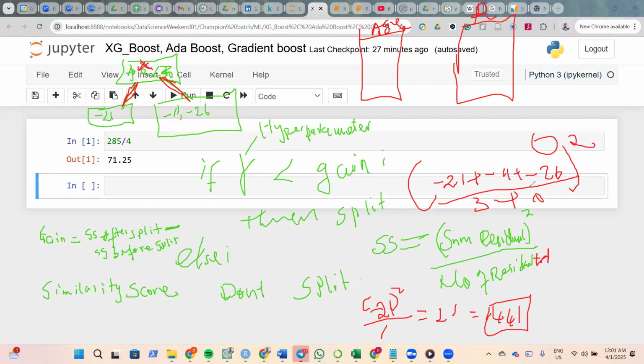Minus 32 plus minus 26 is minus 58. So it's going to be minus 58 squared, which is 3,364, divided by 3.